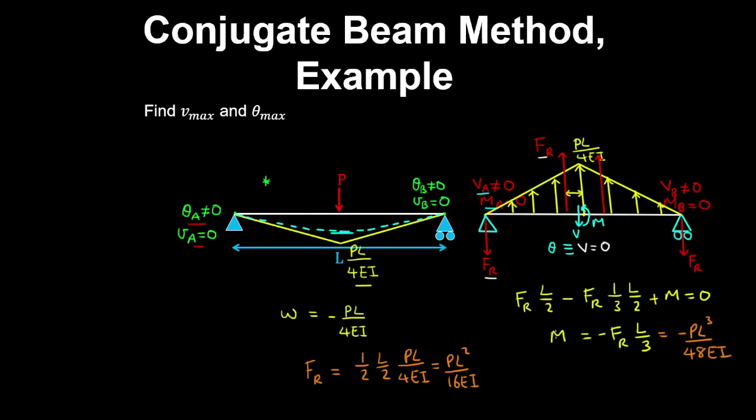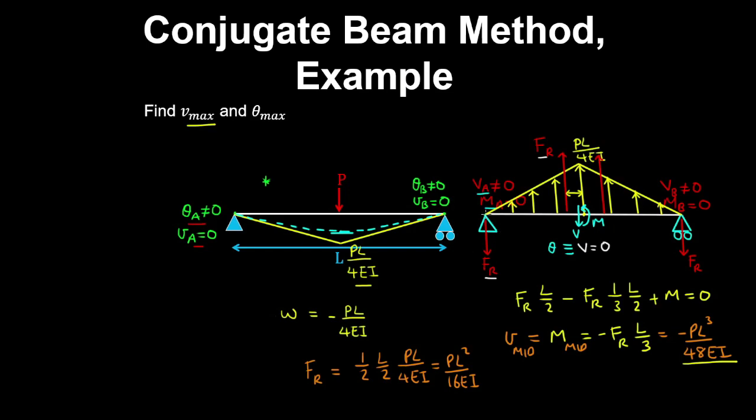And the bending moment in a conjugate beam is equivalent to the deflection in a real beam, and these were both evaluated at midspan. So this here is the well-known maximum deflection for a simply supported beam under a point load.